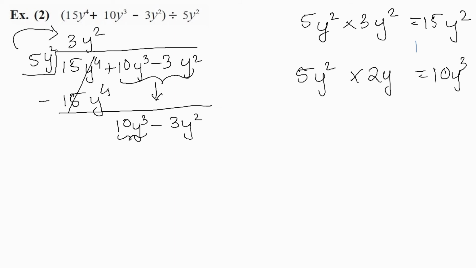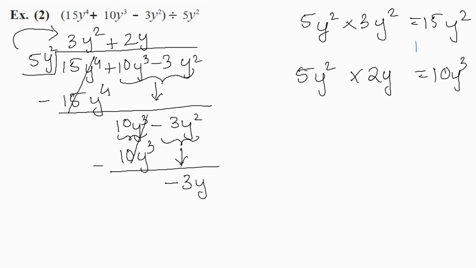So here we'll put a plus sign and you write here 2y, and 5y square into 2y will give you 10y cube. Now you do the subtraction. So this will get cancelled off, and you bring this next term below. So this would become minus 3y square.